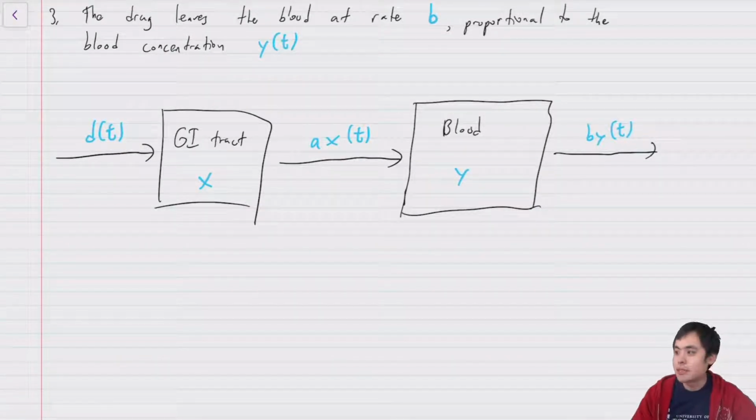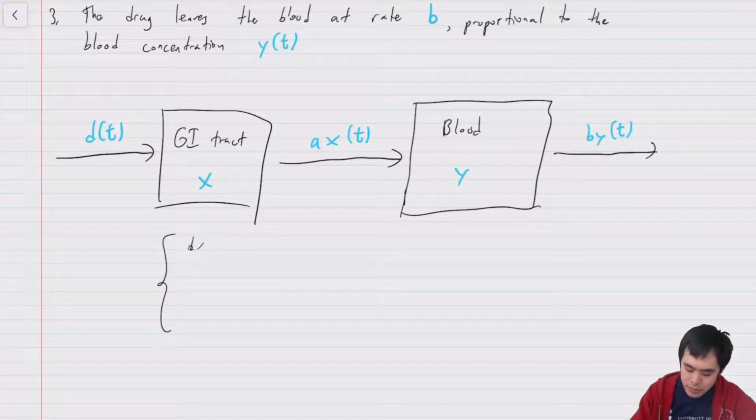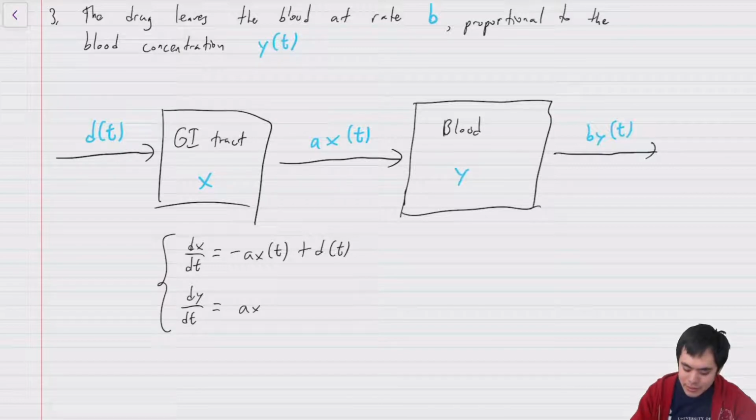And we can write this out as a system of differential equations. So dx dt is going to be equal to minus a x of t, because that's the amount that's leaving, plus d of t, since that's the amount that's coming in. And we also have dy dt, which is equal to a x of t coming in, and b y of t going out.